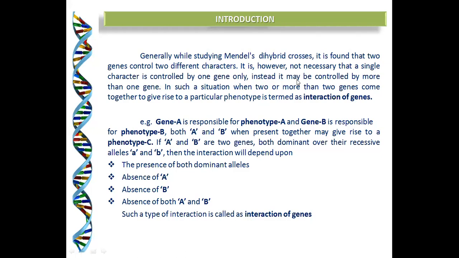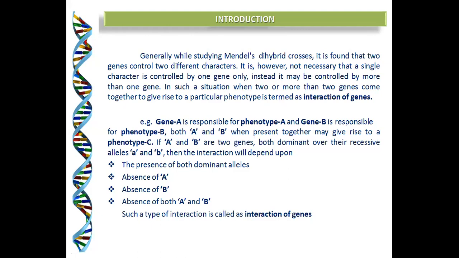Instead, it may be controlled by more than one gene. In such a situation, when two or more genes come together to give rise to a particular character or phenotype, that type of interaction is called interaction of genes.